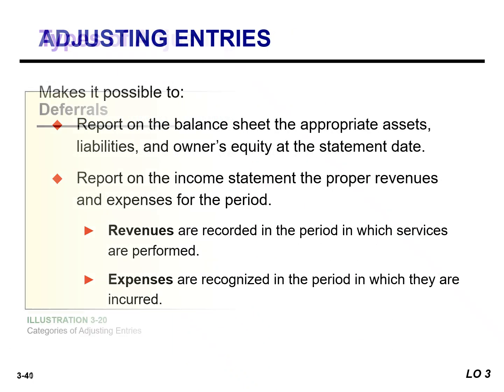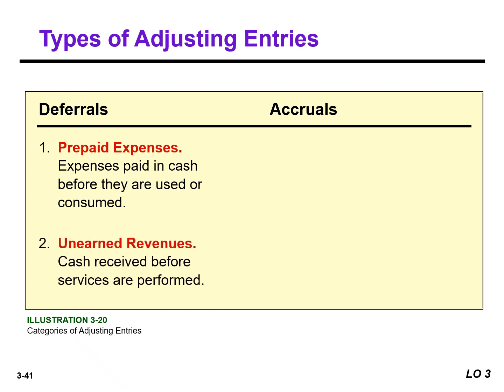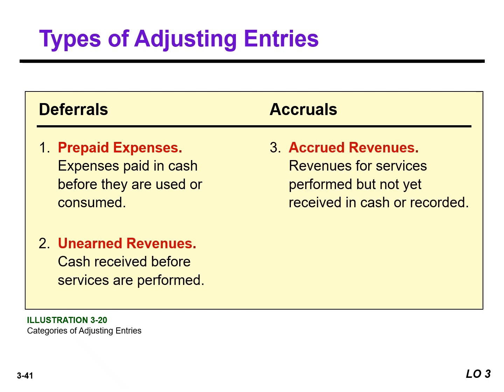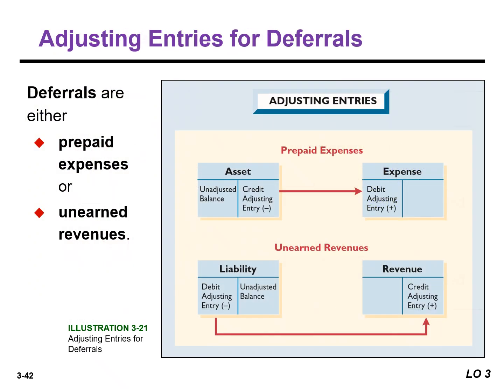And then at the end of the period, we adjust. We adjust for prepaids, we adjust for unearned, we accrue revenue, and we accrue expenses. We're bringing what is basically a cash basis to an accrual basis. So we have to adjust the accounts that need to be accrued.